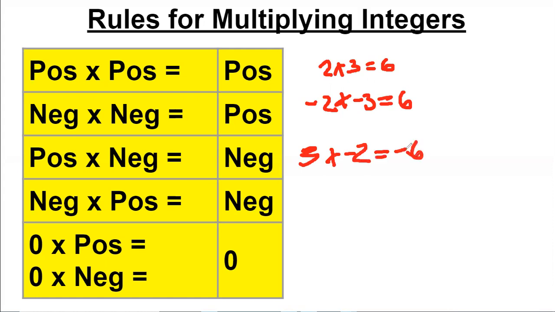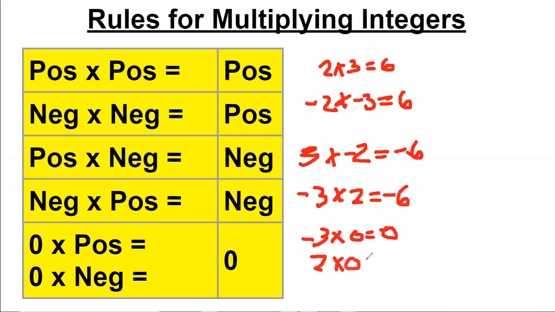If I have one negative times one positive, I also get a negative answer, negative 6. And then the last one, if I have negative 3 times 0, I end up with an answer of just 0. Or if I have a positive number times 0, I still get 0 as my answer. So those are number examples of that chart.